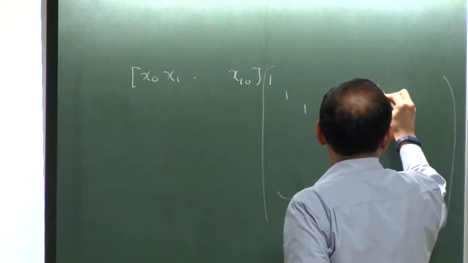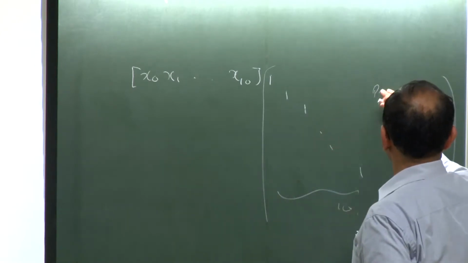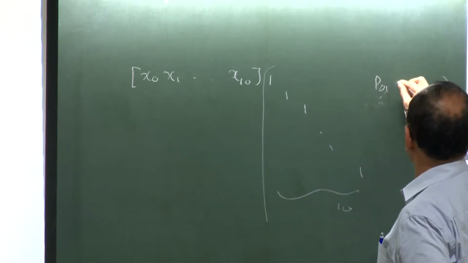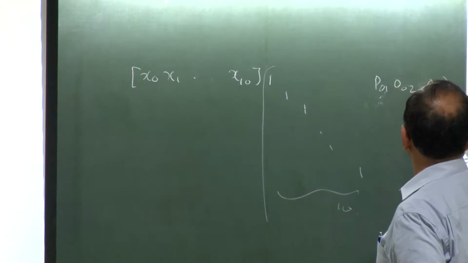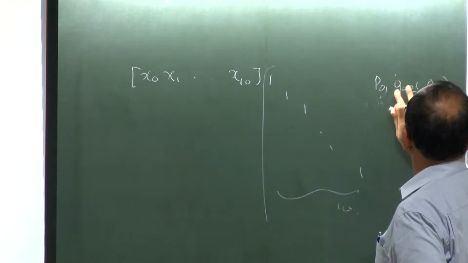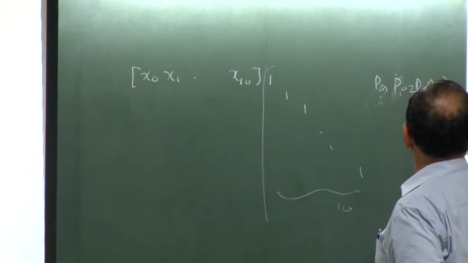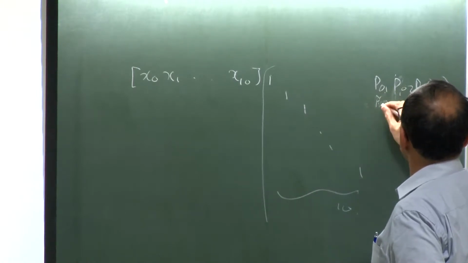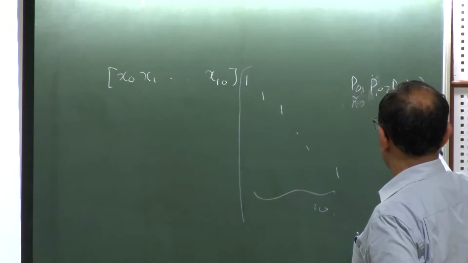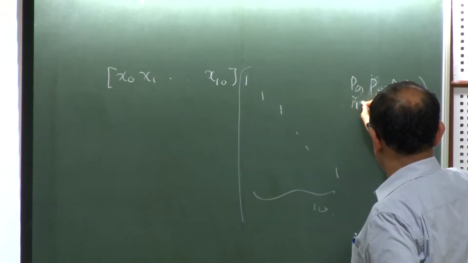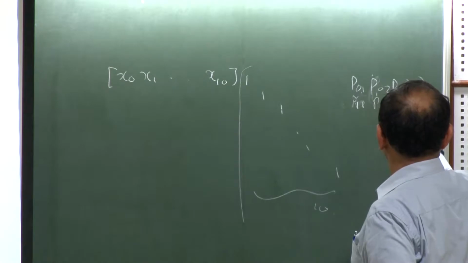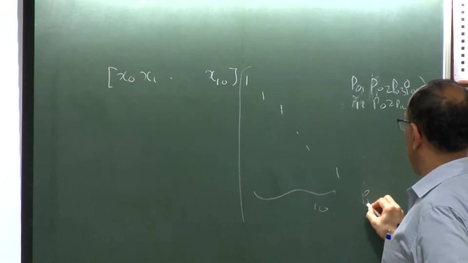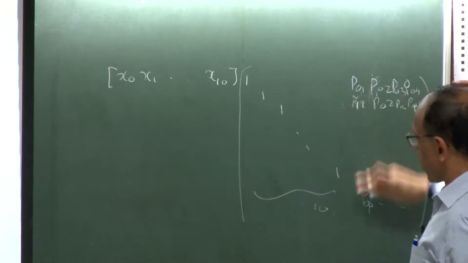Then you have the parity columns P00, P01, P02, P03, and so forth, up to P9, those are all the parity equations.